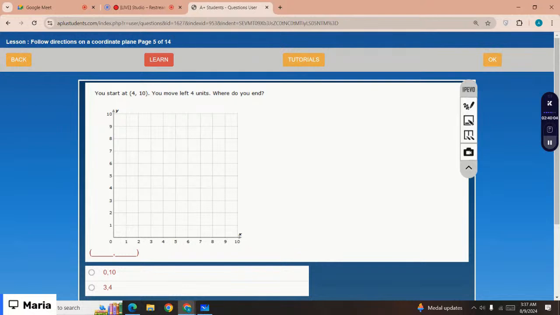You moved left 4 points, right? 0, 10 it is. Option number 1 is the correct option. Very good.